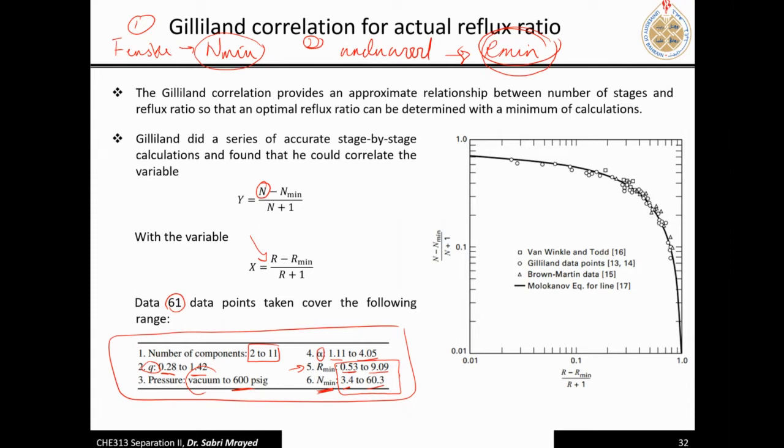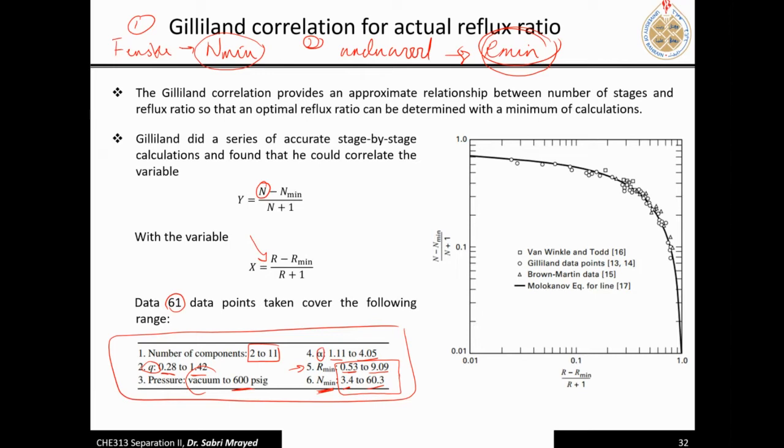Because of the complications associated with these parameters, we usually have equations that can be used within a certain range of temperature, pressure, or velocity, sometimes pressure drop, to determine the parameter. And these are called correlations. And this is another correlation that is used to determine the number of stages if you have the reflux ratio. Clear?